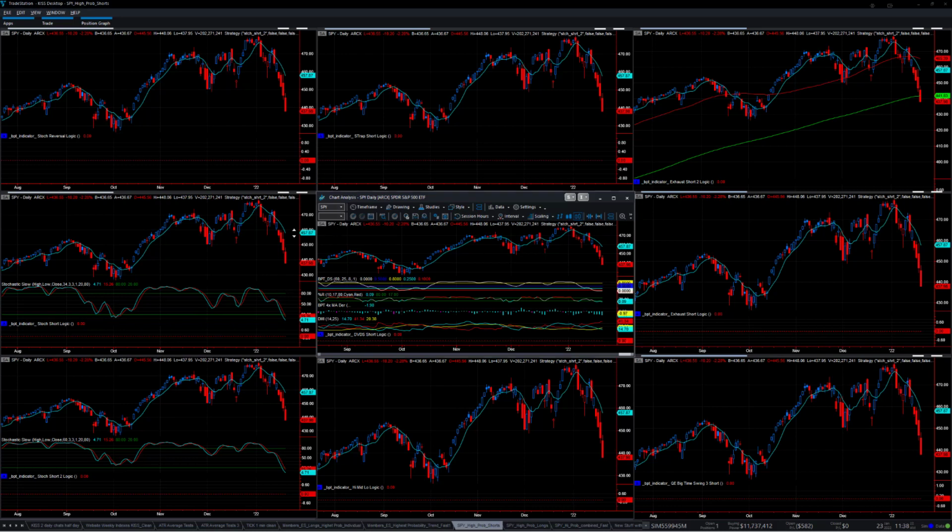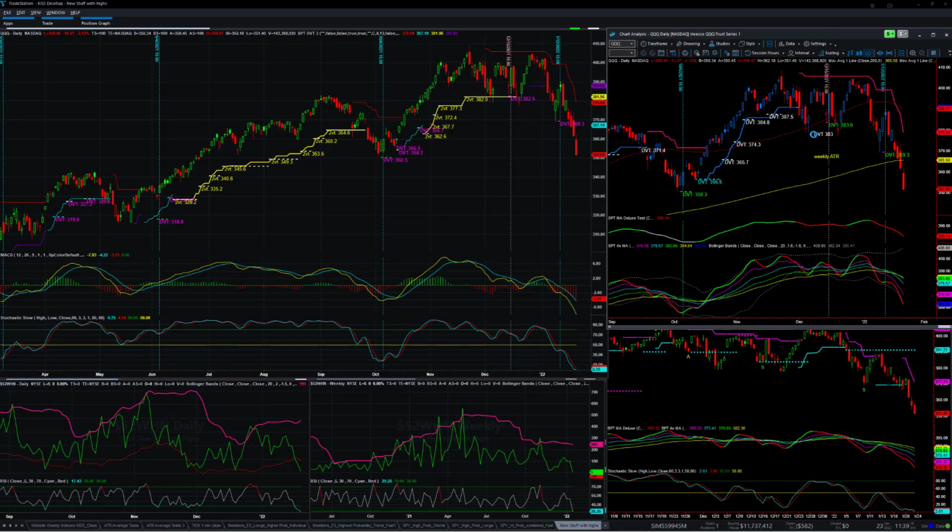I do have some ideas that could be low risk short trade opportunities with the cycle indicator, or with price. So here are some of the KISS charts. Here's the Qs.